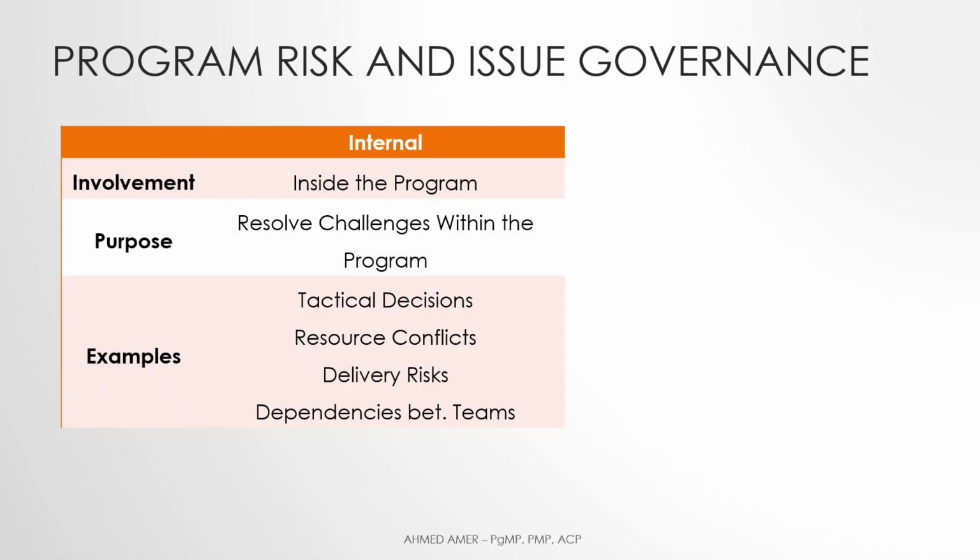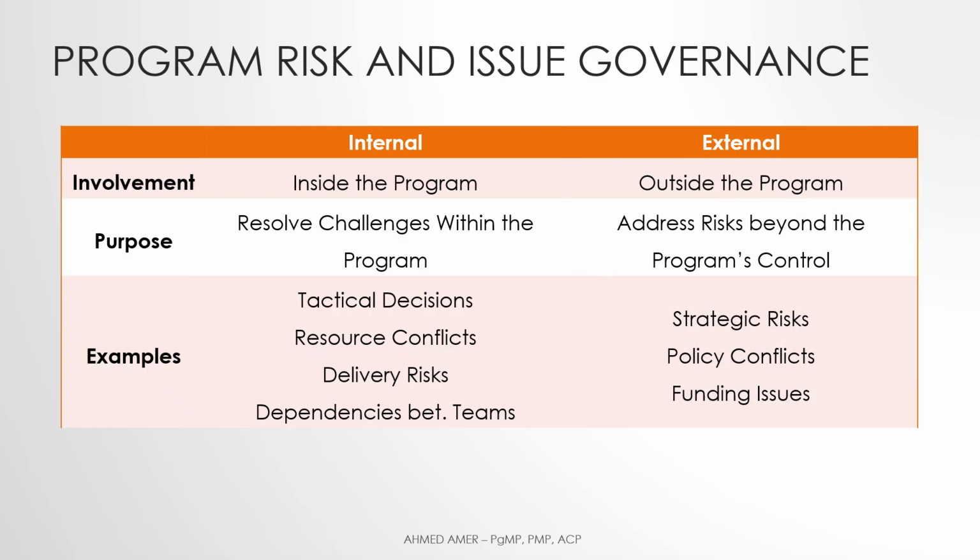The purpose of this type of escalation is usually resolving challenges within the program itself while keeping things on track. Good examples of this escalation are when tactical decisions are required, or situations of resource conflicts, delivery risks, or possible dependencies between teams.